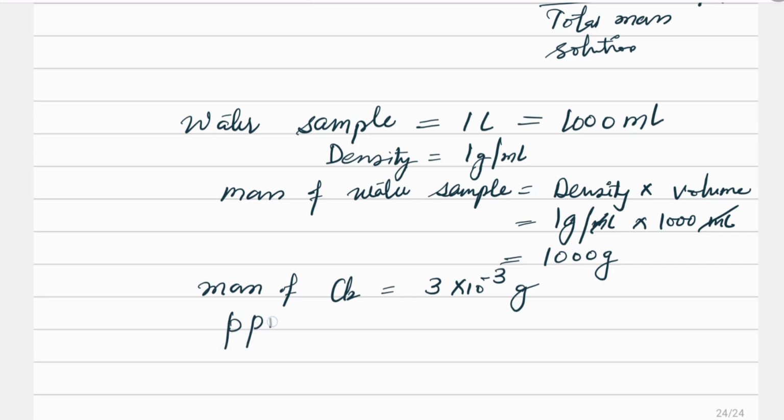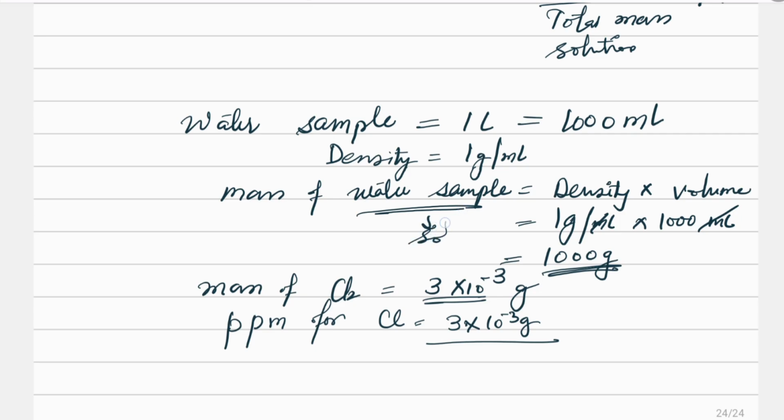So parts per million for chlorine is going to be mass of chlorine, which is 3 into 10 raised to power negative 3 grams, divided by the mass of the water sample, which is actually the solution. Obviously, this is a water sample, not pure water, so it is a solution, that is 1000 grams.